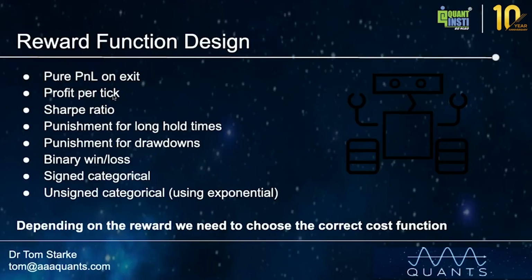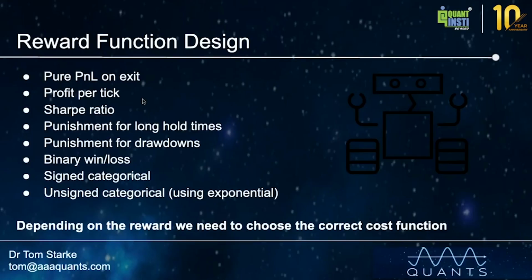Another way to determine a reward function is to use the Sharpe ratio, also called the risk-adjusted return. We might make a profit, but the risk during this trade was extremely high. So we're not really happy with that trade because we exposed ourselves to a lot of risk.